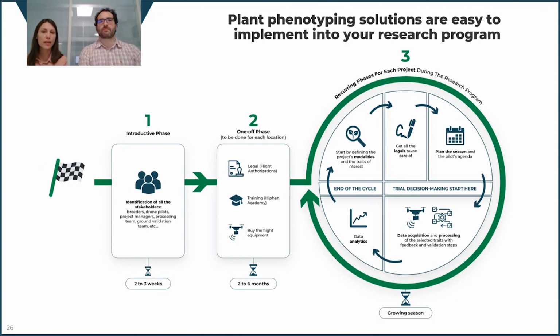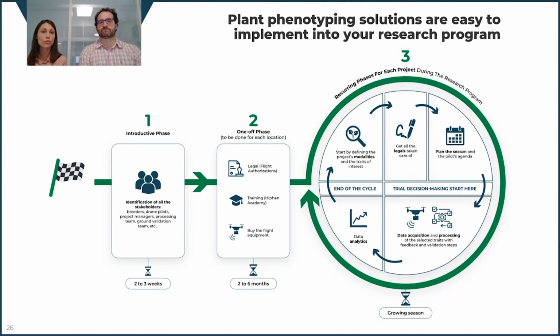The first phase consists of identifying the different stakeholders: who will fly the drone, who will manage the project, and so on. After this, you need to know over which fields you wish to fly, and also whether you can fly a drone over this field, because sometimes it's too close to an airport and you're not able to fly a drone over it.